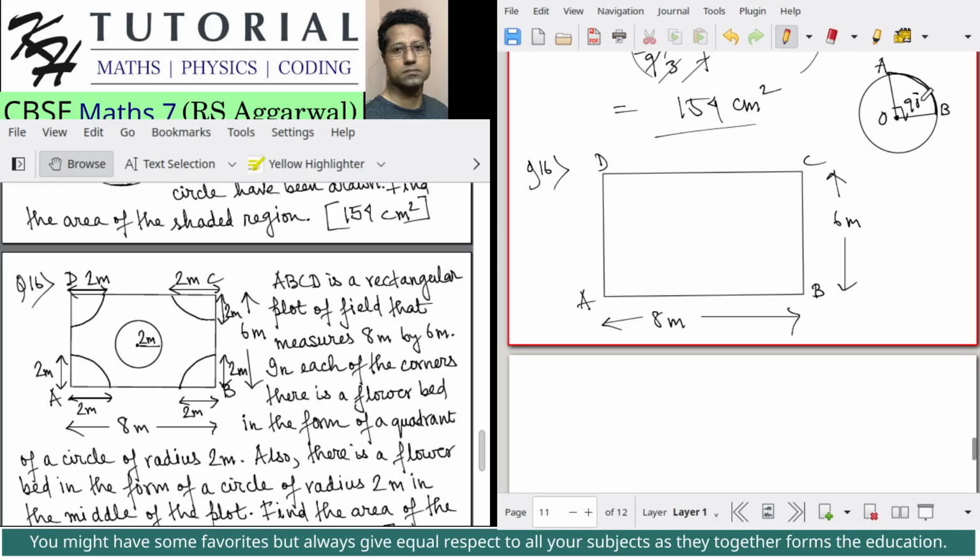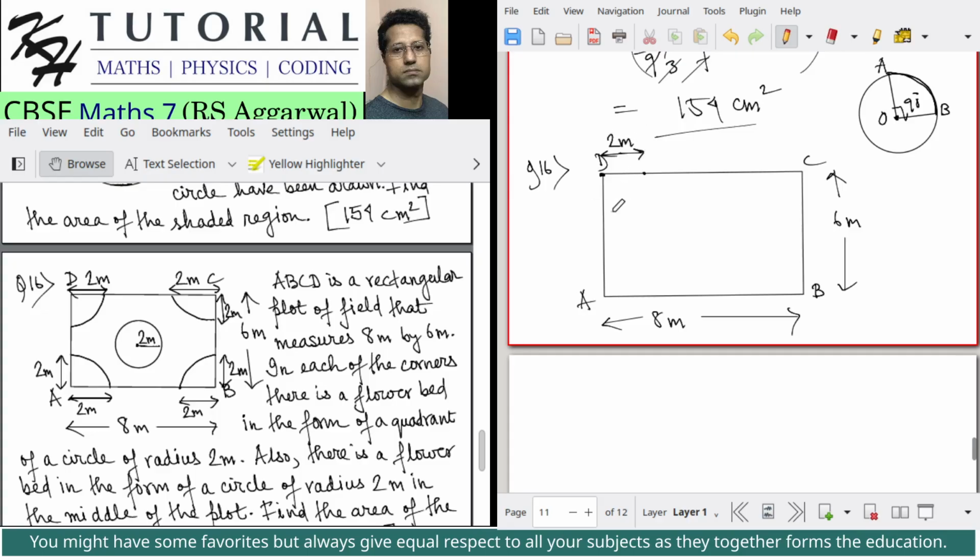So at every corner we have a circular flower bed in the form of a quadrant of a circle of radius 2 meter. Considering this corner, this length is 2 meter, this length is 2 meter.